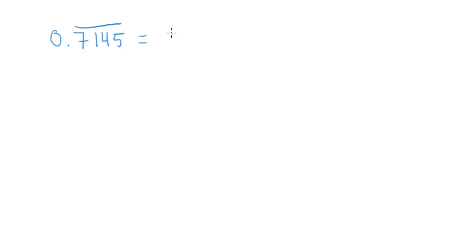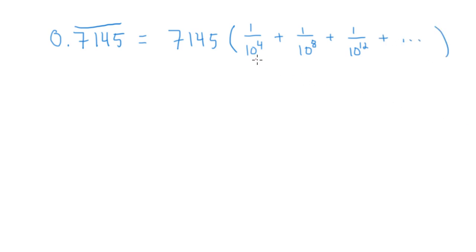And we had sort of broken it down to the point where we had 7,145 times this geometric sum that we actually just computed. And so recall that this was actually equal to 1 over 9,999.